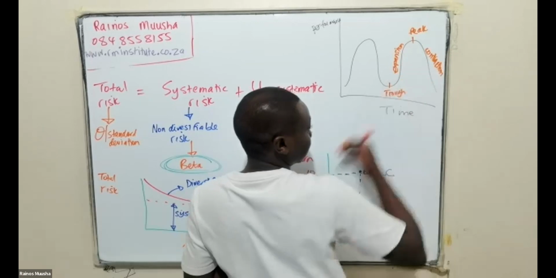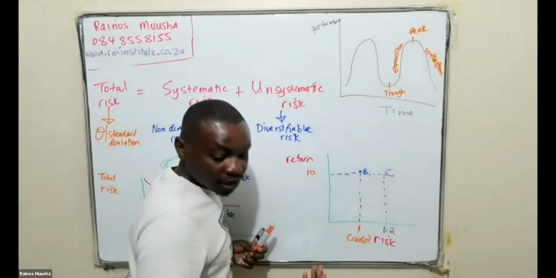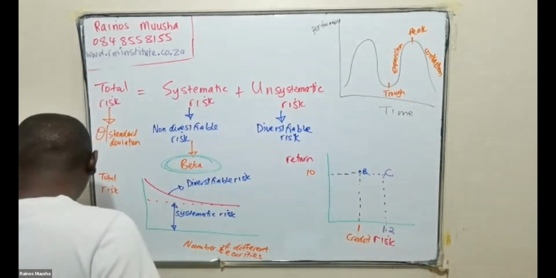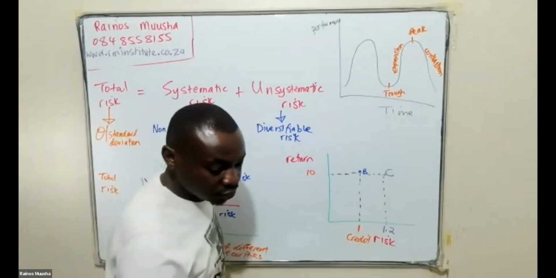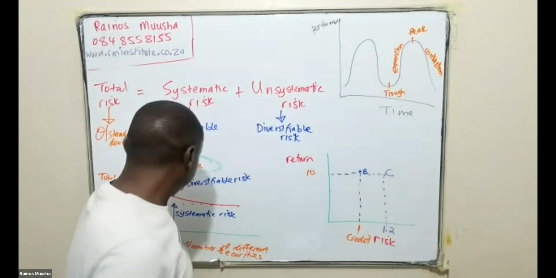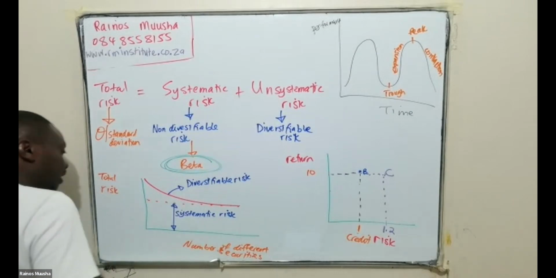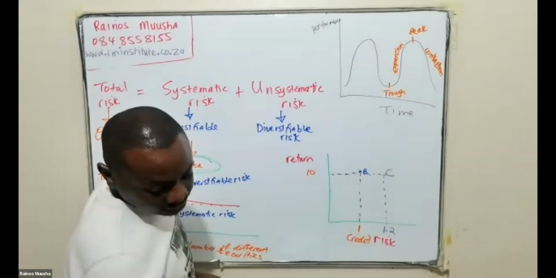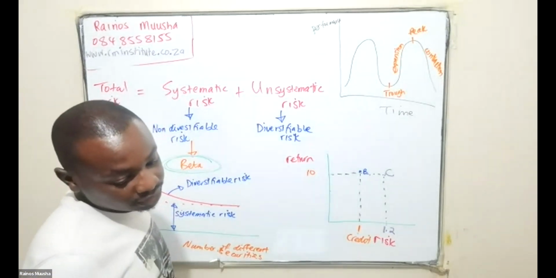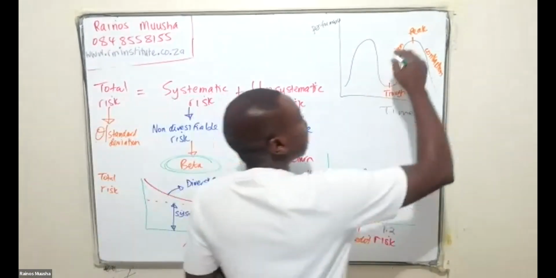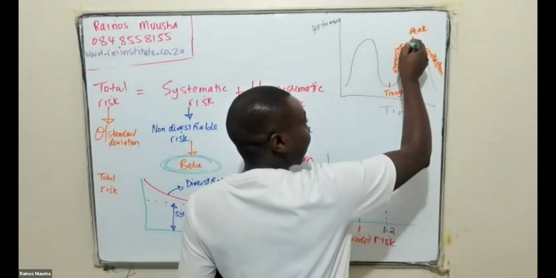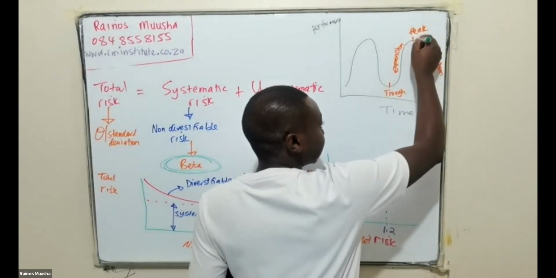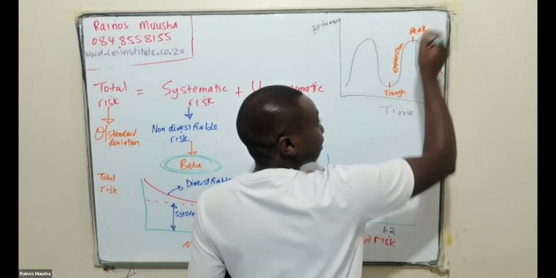And remember, the contraction phase is basically where we look at the recession as well, right? Because the economy moves through these different phases, we also see that credit risk is generally higher during this phase.